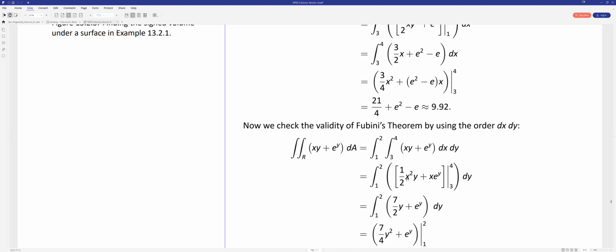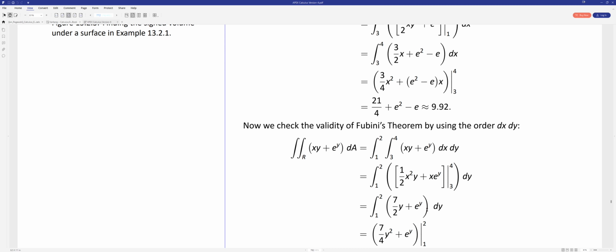When you put in the 4, you'll get 16 on 2, so you get 16y on 2. When you put in the 3, you get 9y on 2, and you subtract. So you'll have 16 on 2 minus 9 on 2, which gives you the 7 on 2 over here.